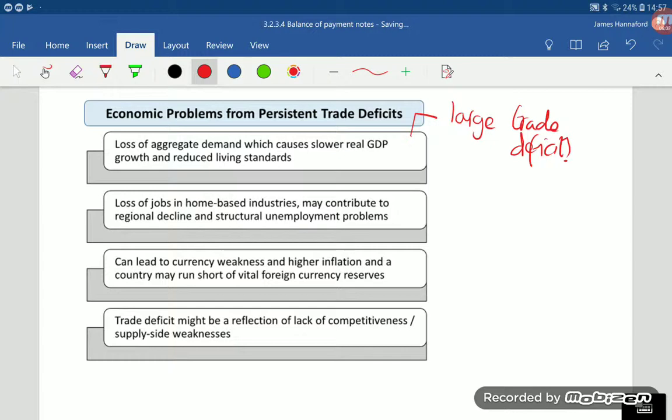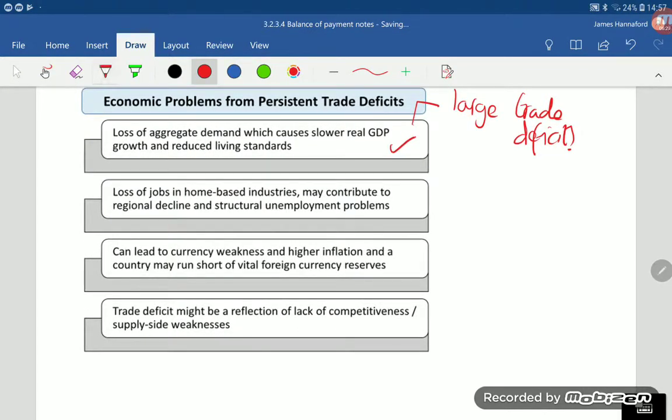However, that is not the case with a trade deficit. We are importing more than we are exporting. Imports are a withdrawal from the circular flow and exports are an injection. So more imports, fewer injections mean that AD is shifting to the left, therefore reducing real GDP.